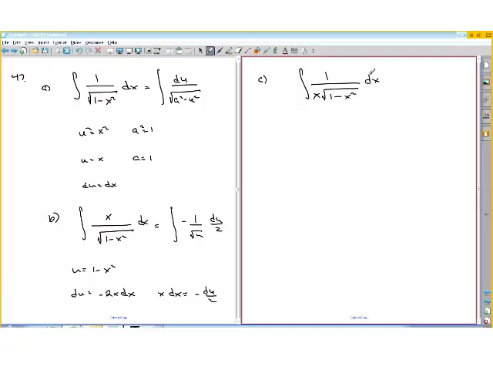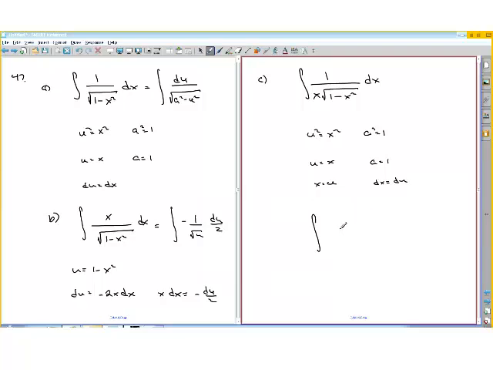So in this case, we would let u squared equal x squared. We would let a squared equal 1. So u is equal to x, or x is equal to u is the substitution we're going to use. And then a is equal to 1. So with that, we would rewrite that, and also dx is equal to du.